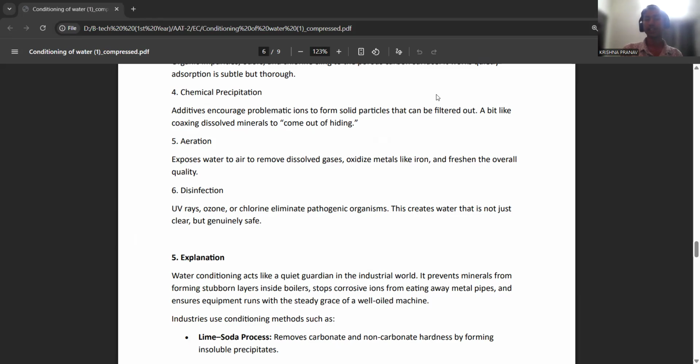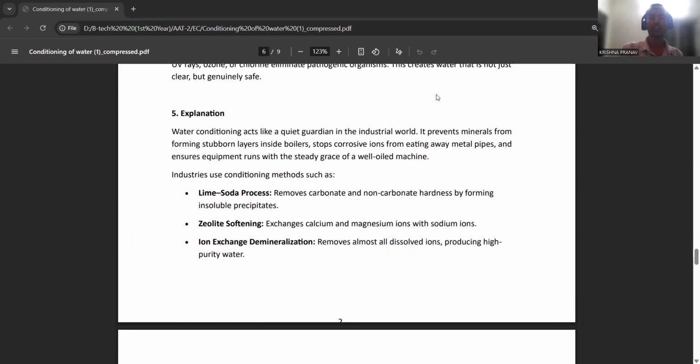Industries use conditioning methods such as the lime soda process, which removes carbonate and non-carbonate hardness by forming insoluble precipitates; zeolite softening, which exchanges calcium and magnesium ions with sodium ions; ion exchange demineralization, which removes almost all dissolved ions, producing high purity water.